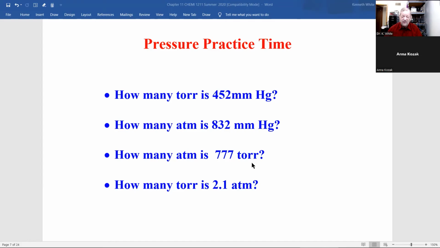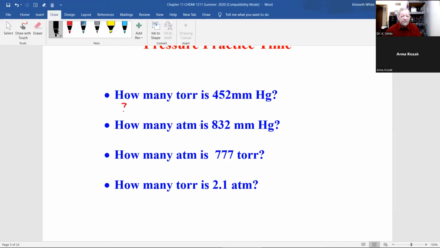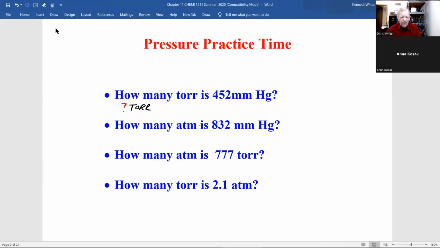So how do we do this? What are we being asked to find? Torr. What are we given? 452 millimeters of mercury. This is the only thing we have to start with.